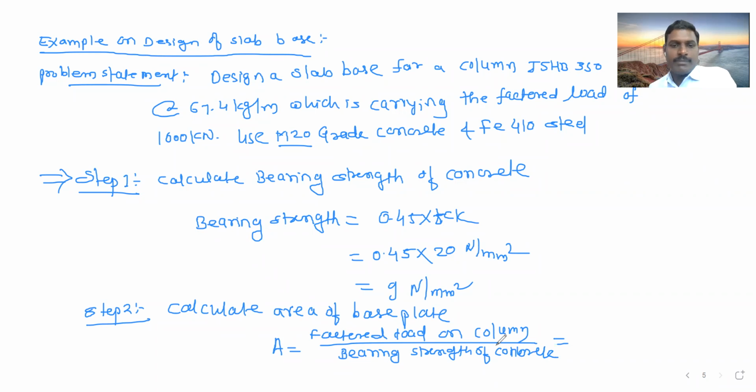So the factored load is how much? 1000 into 10 raised to 3, and the bearing strength is 9. So how much area in mm square? How much is this calculation?